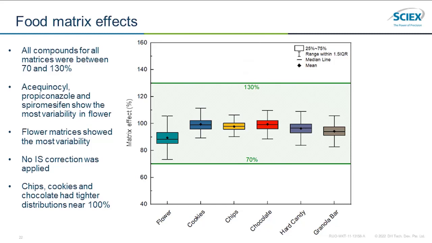But flour really showed the most variability, and it showed the most suppression, which is kind of what I would expect, but can be a little bit surprising to some.